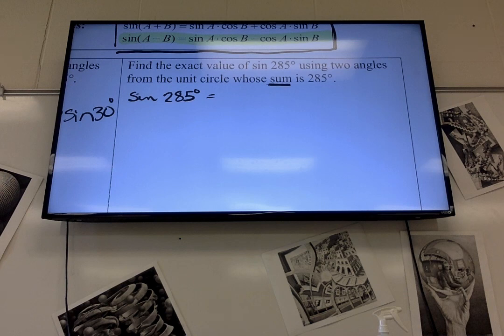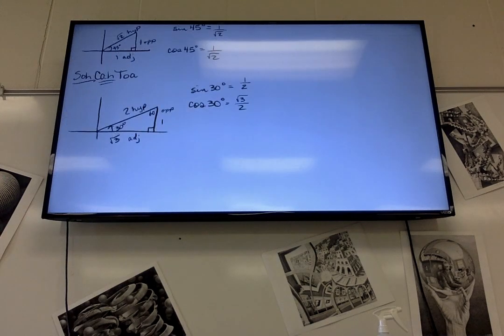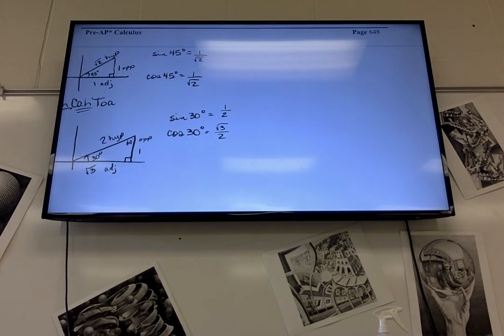I need 2 angles that add to give me 285. So I'm going to need something over here that I can add to either like 45 or 30.